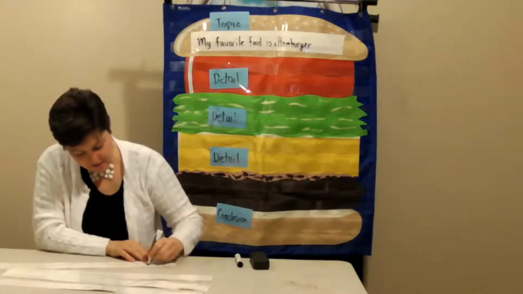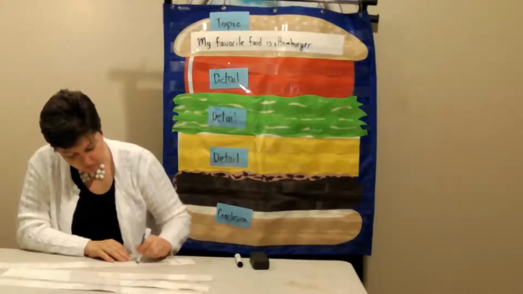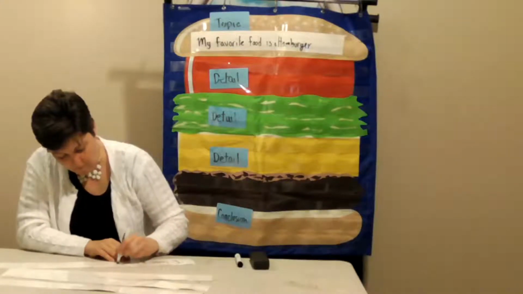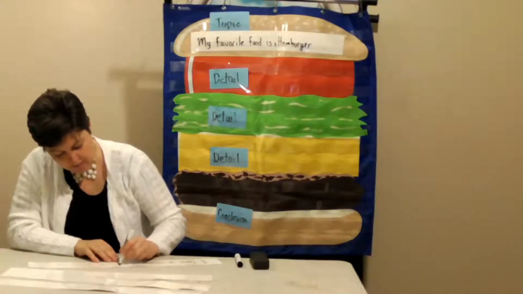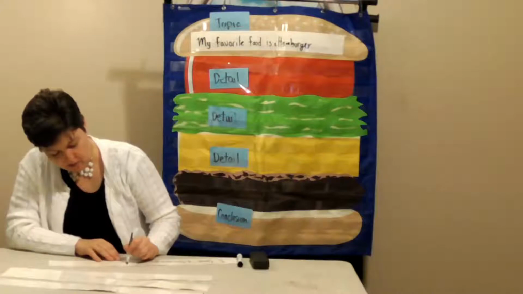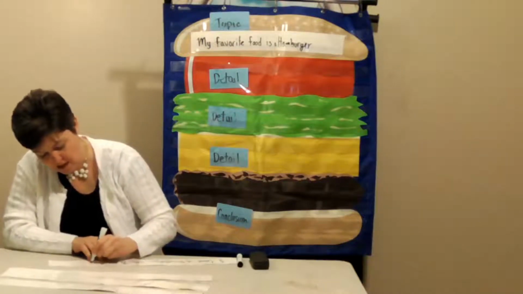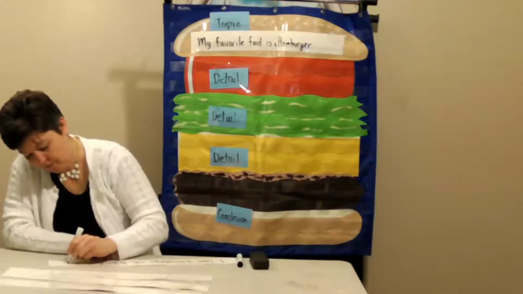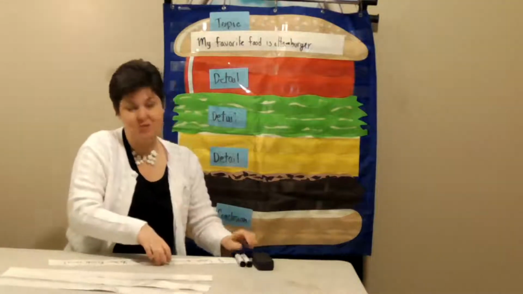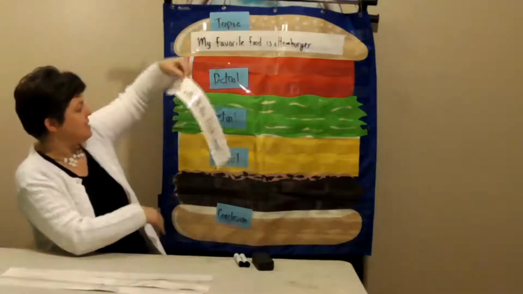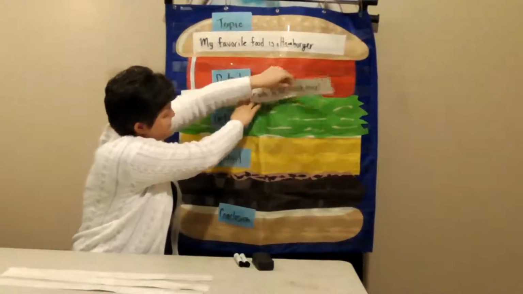I love a hamburger with 1/4 pound fresh meat. And so if I'm going to get a hamburger, I want to go to a restaurant that has really fresh and good meat. Okay, that's my first detailed sentence.